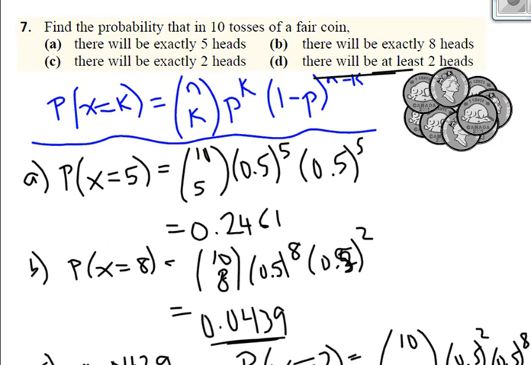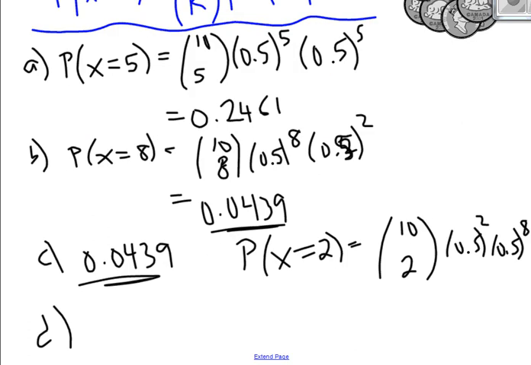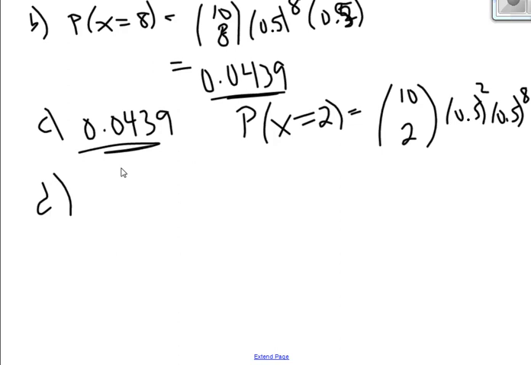So instead, we're going to do the opposite. We're going to find the probability of 0 heads plus the probability of 1 head.